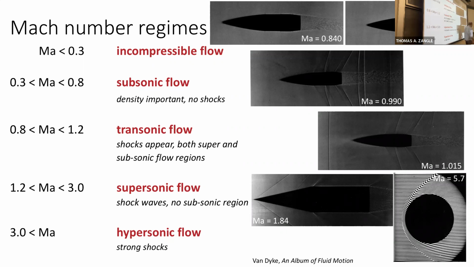Okay. So we're going to talk about what happens across a shock wave and how we can determine the velocity, density, temperature, and pressure across a shock wave. But just qualitatively, we can see a really strong shock here. We can see this really distinct band with a really large optical disturbance as we move across it.